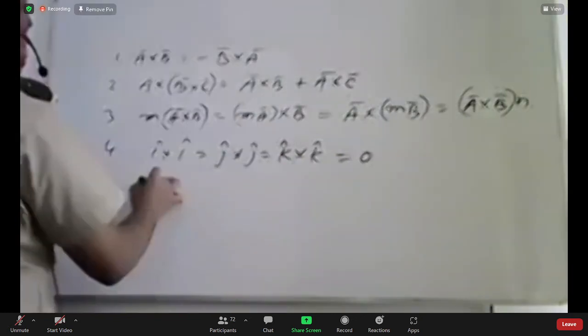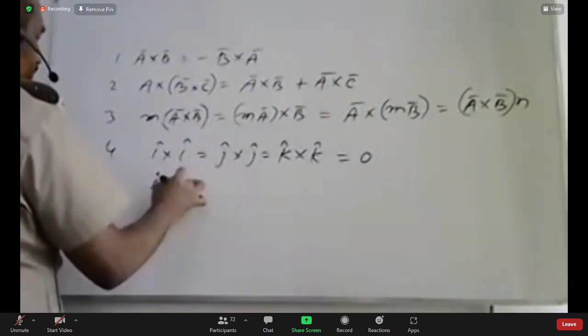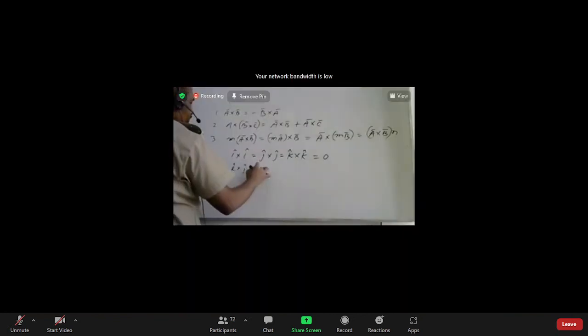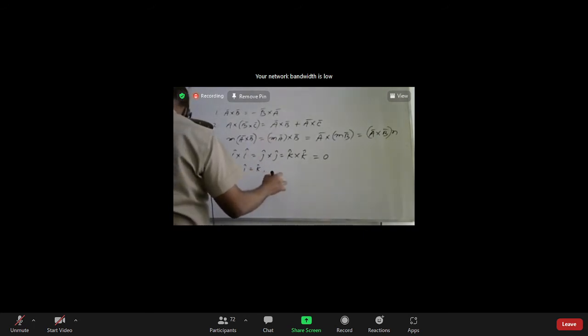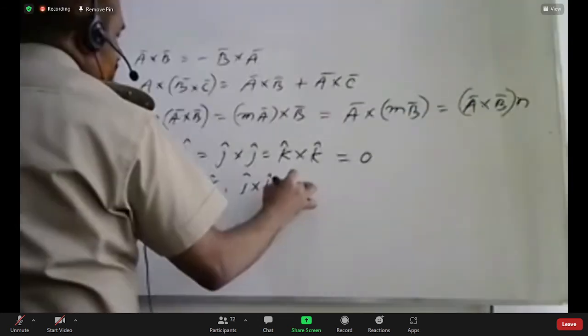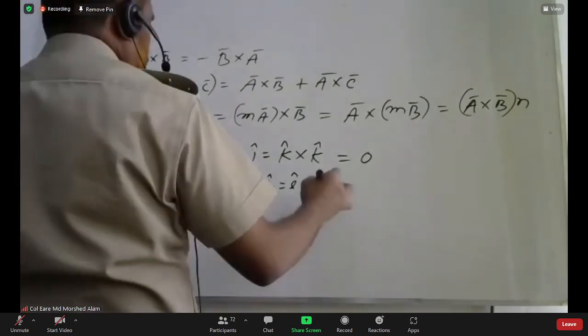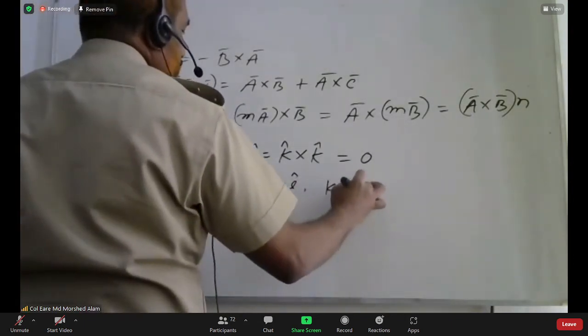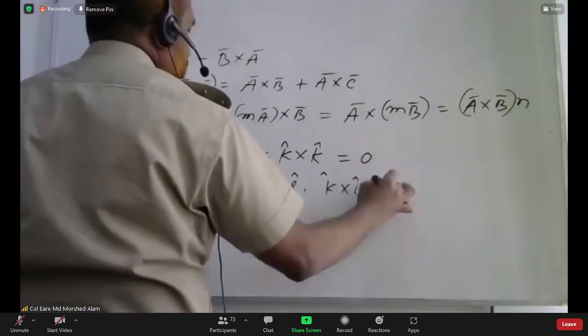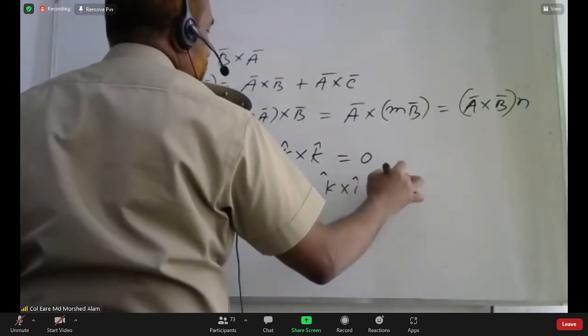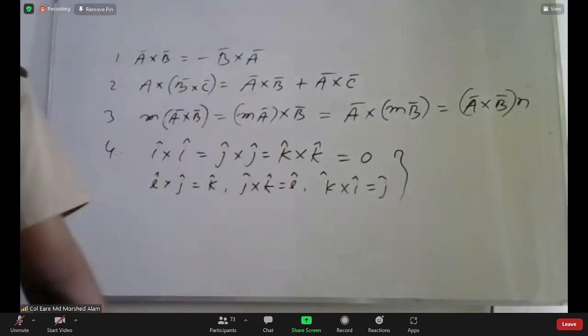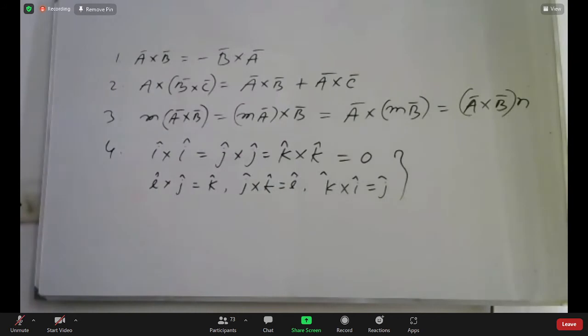Again, I cross J is equal to what? K. Then J cross K is equal to what? I. And then K cross I is equal to what? J. So these are the things you have to remember. Always you should remember this thing.